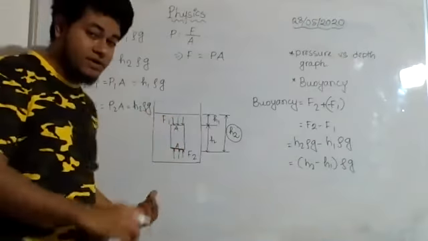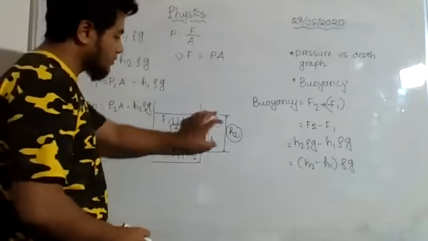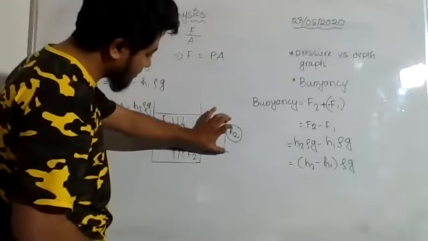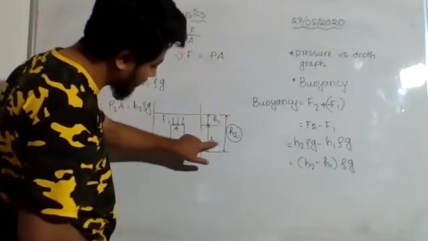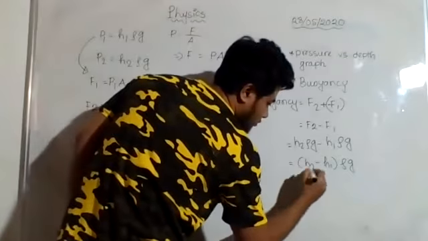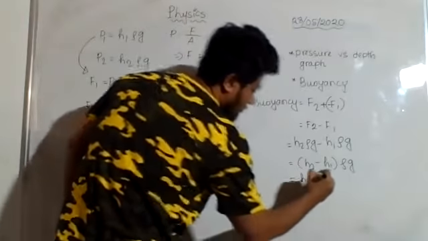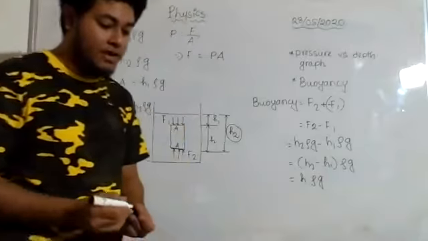This is a cylindrical object I have considered; it might be some other object also. So h2 is the whole depth, and from here if you subtract h1, you will get only h, that is the height of the object. So h2 minus h1 I can replace by h. So buoyancy is equal to h rho g. Anybody have any doubt till now?